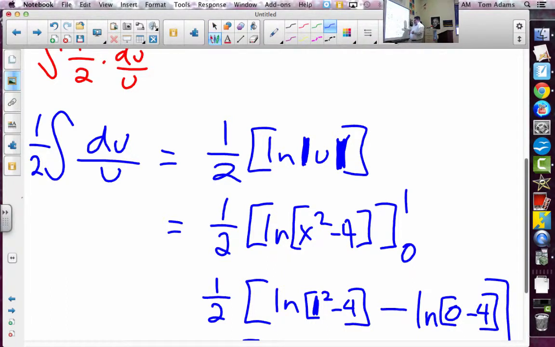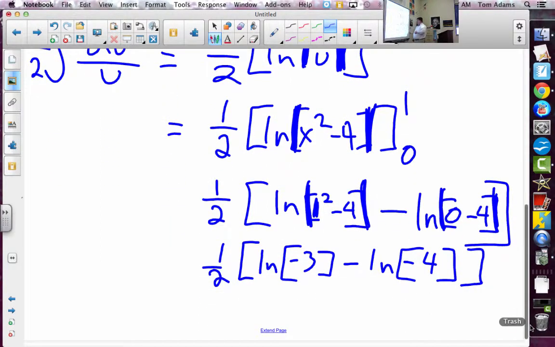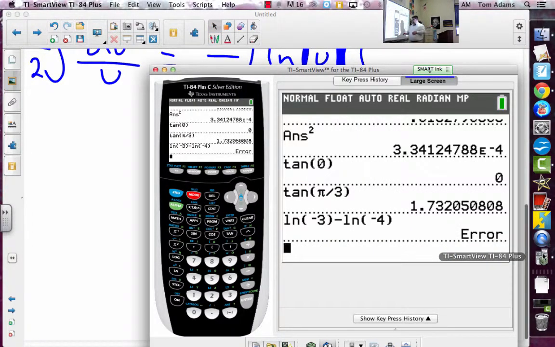I did that on purpose because I wanted to remind you guys, and somebody asked me last hour why that was in there, that we're going to take the natural log of the absolute value of these. So really, we take the natural log of 3 and subtract the natural log of 4.